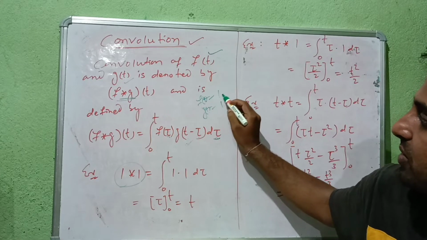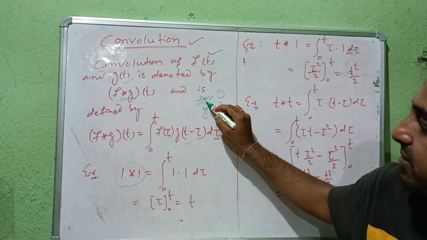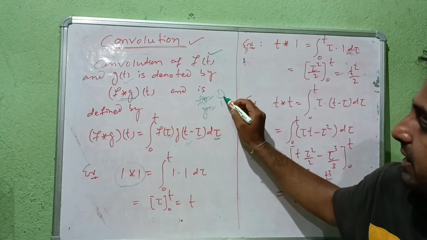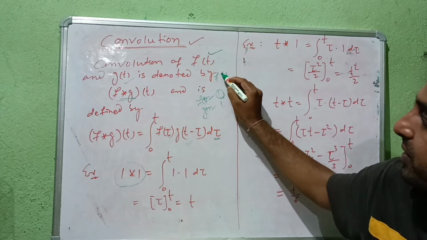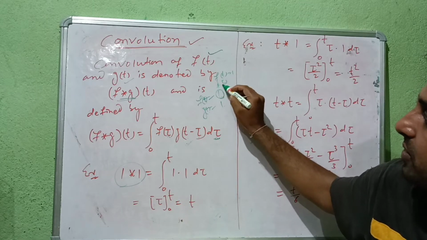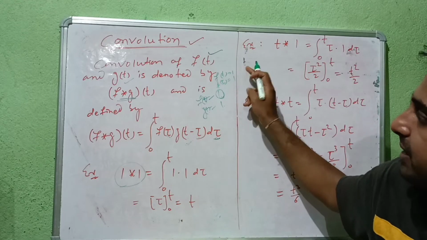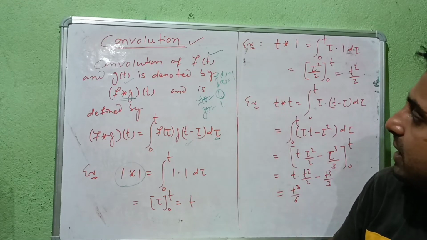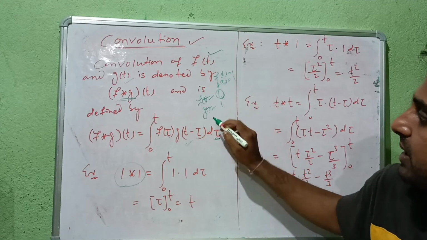Since f of t equals 1, this is a constant, so if I change the variable t to tau, there will be no change in the function 1. So if f of t equals 1, then f of tau is also 1, because there is no t. If there were some t, then we would replace it by tau. Therefore it is only 1.